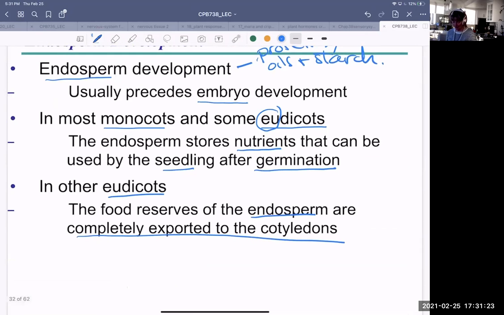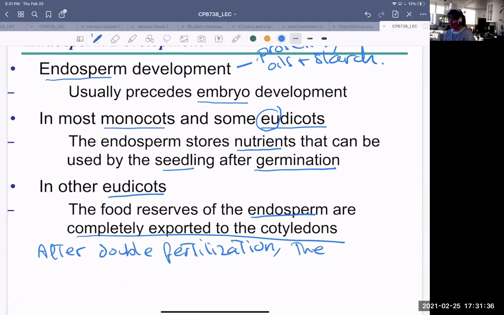So after double fertilization, the sperm has combined with 2 polar nuclei, so now it's a triploid nucleus.